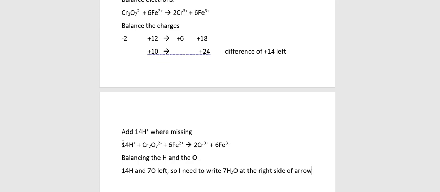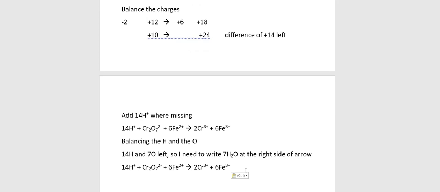So we pick up our equation, and we write 7H2O. And that's how it is balanced in acidic environment.